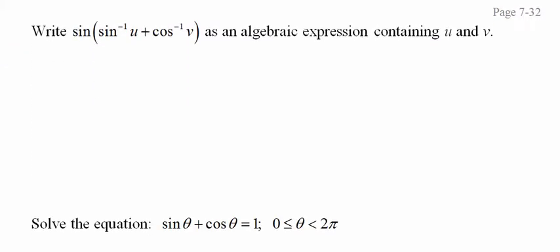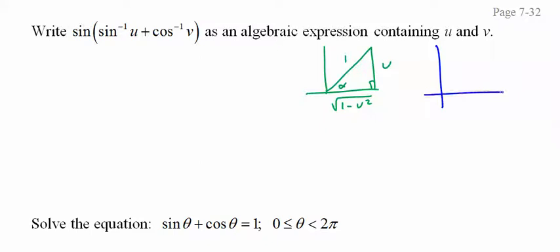We can write things as an algebraic expression. Exact same thing we just did. I'll call it alpha just because it's easy. Sine is u over 1, so that makes this square root of 1 minus u squared. You can check that if you're not sure. It works.